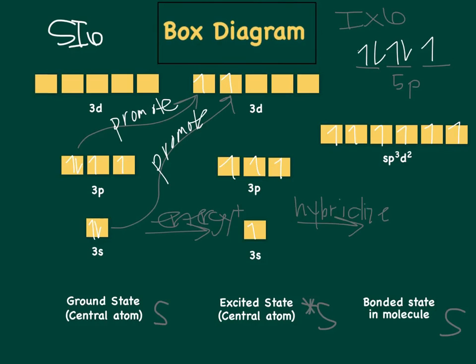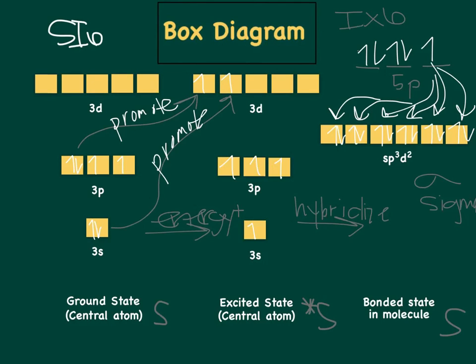Now since we have 6, we'll have 6 of these, and they can all fill in a parking space here, here, here, and so on. I've already filled in the 6. So now we have all of our bonding pairs here at the sp3d2 hybridization of sulfur hexaiodide. And all of these bonding pairs are sigma bonding pairs.